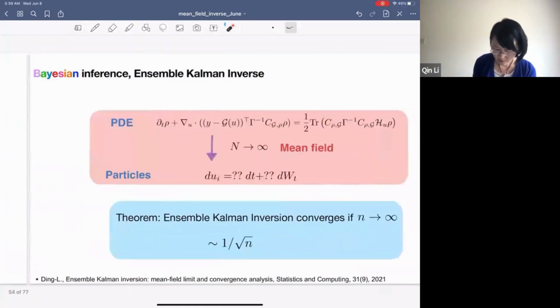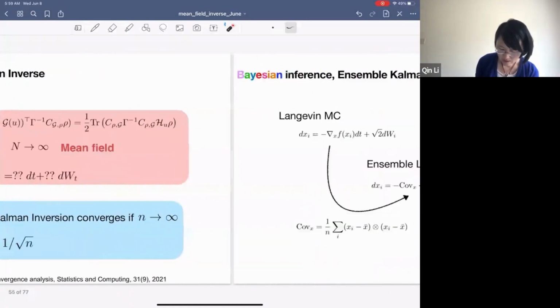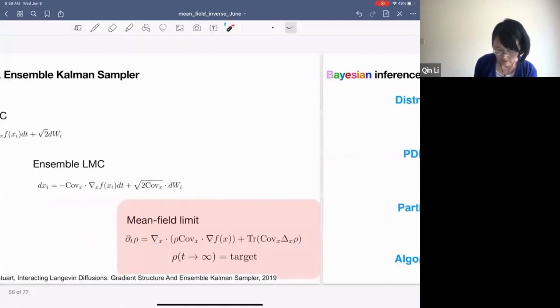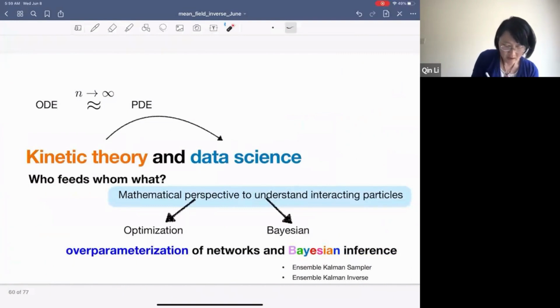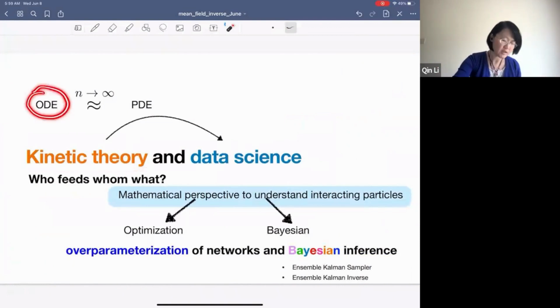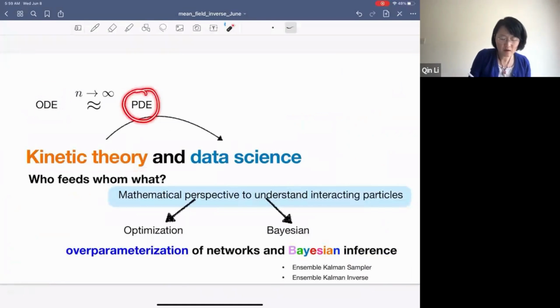Okay, so this is a little bit dense. Let me forget about the details, just to summarize. Kinetic theory basically gives you the recipe to say that a list of ordinary differential equations followed by each particle is similar to the distribution of the particles characterized by the PDE if the number of particles goes to infinity.